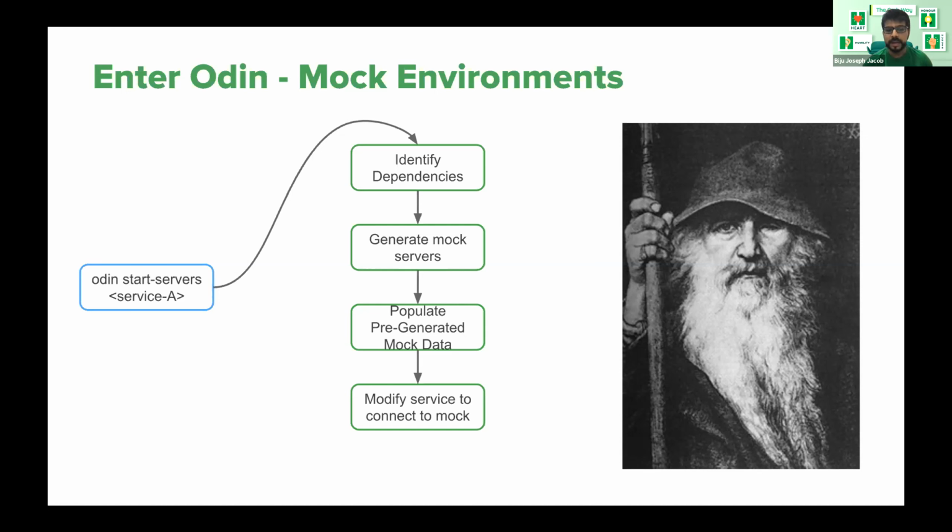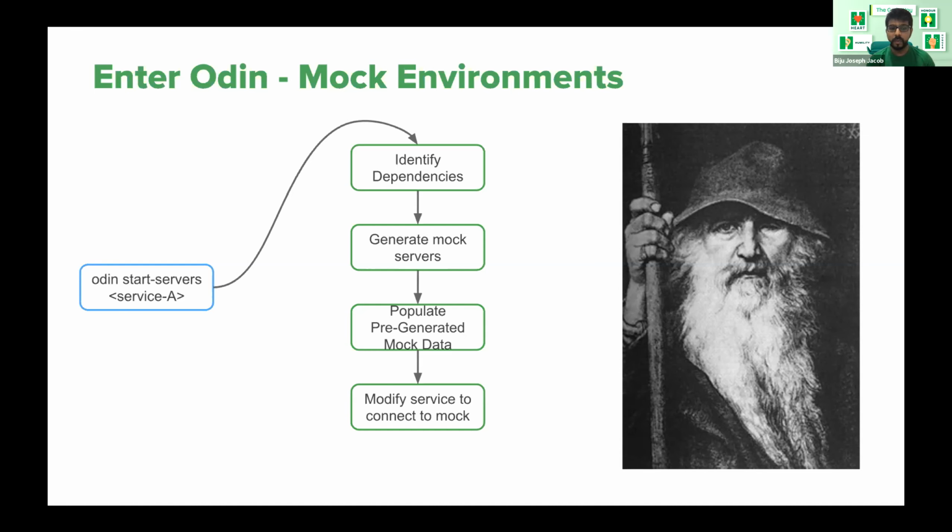And what we would do in the background is we'd statically analyze the code, identify all the HTTP and gRPC dependencies that service has. For each of the services that it depends on, we will generate mock services, populate them with generated mock data, and then modify the service that we want to test to connect to this mocked environment. That gives us a contained environment where we can test any new change ourselves.